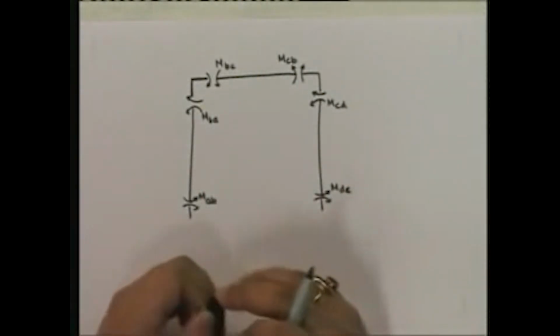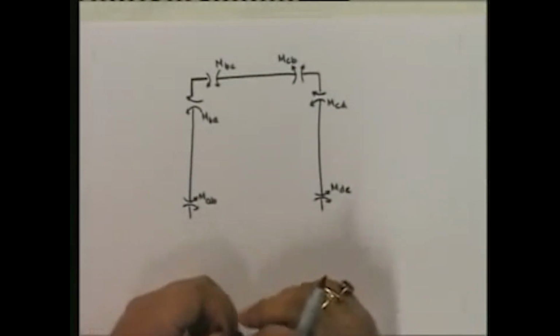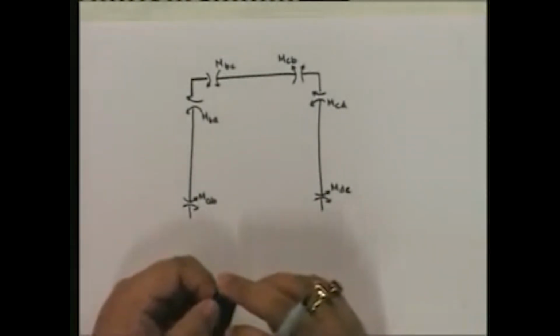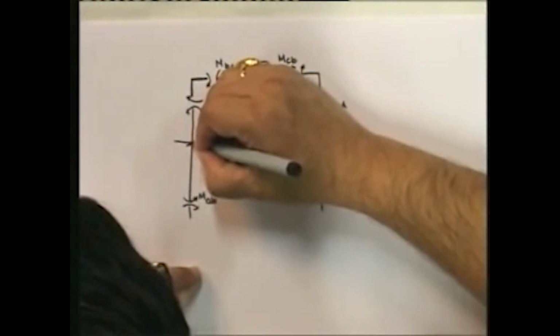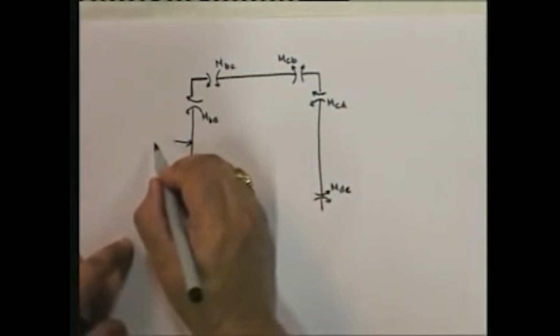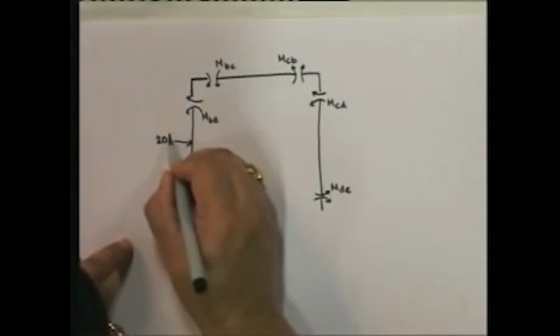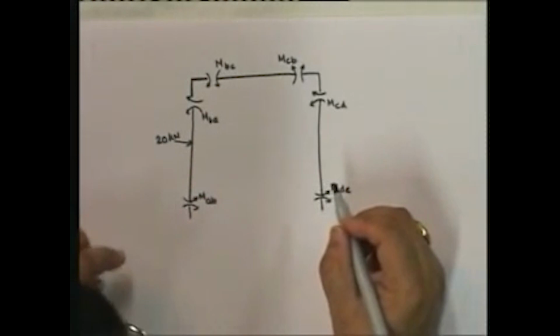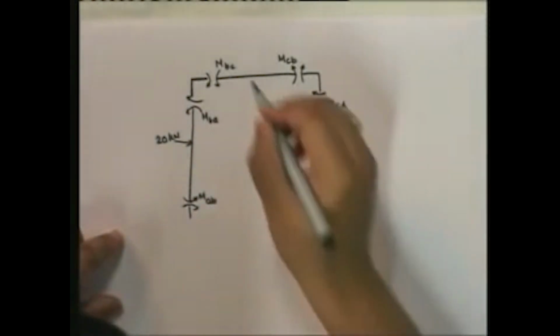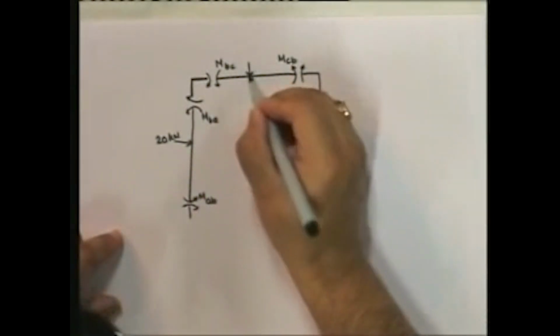Now what I need to do is put down all the other forces that I have on the system. So if you look at it, this one has 20 kilonewton here. Okay, then what else do I have?